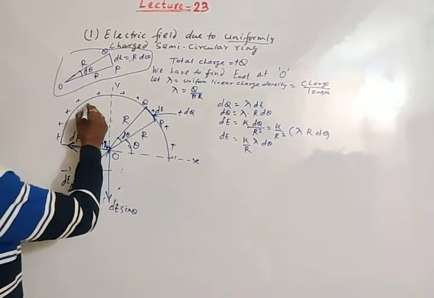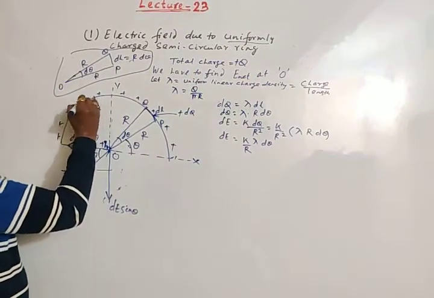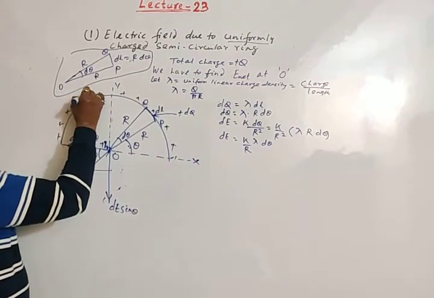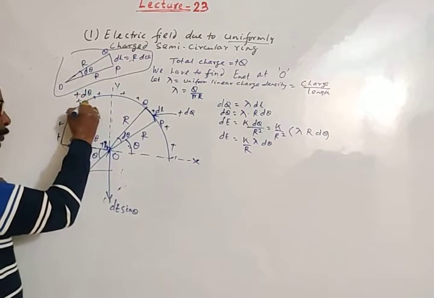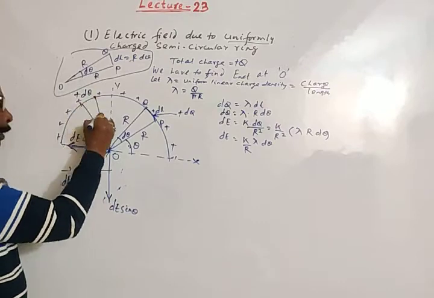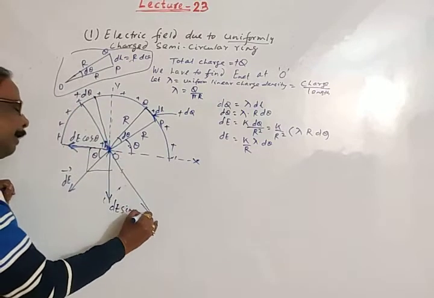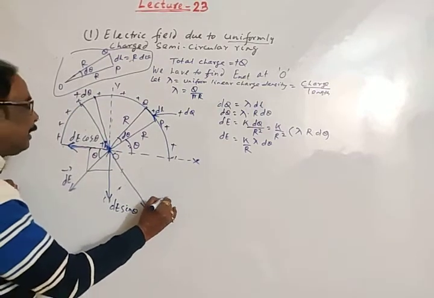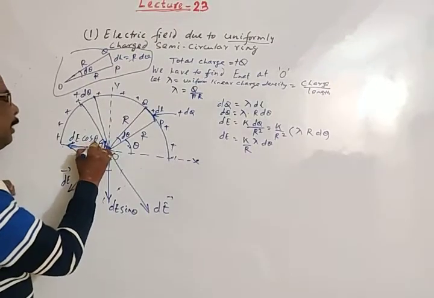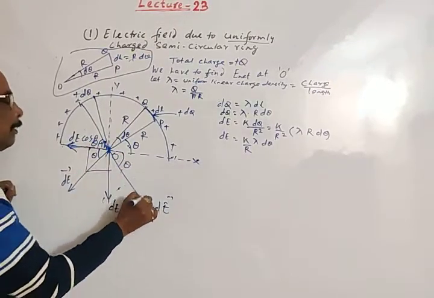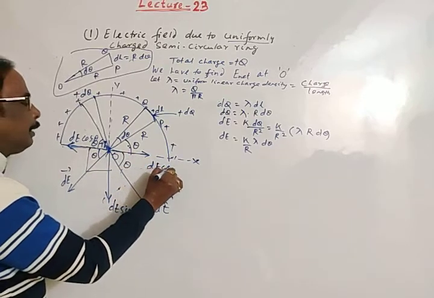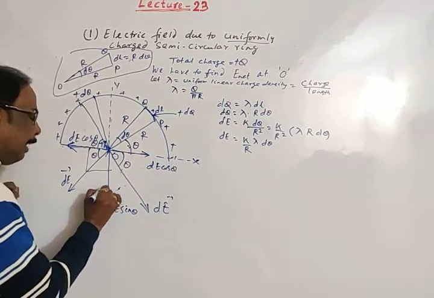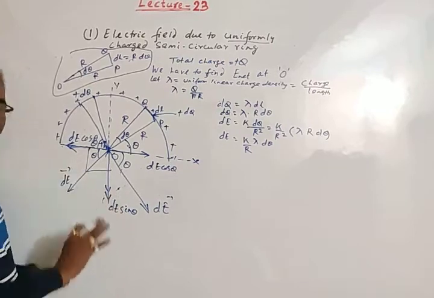Similarly, we may assume here this length is also dl, so this charge is also dq. Here there is unit positive charge, so this dq will repel it, and again field intensity will be dE. If this angle is theta, then this component will be dE cos theta along x-axis. Again another component is dE sin theta.